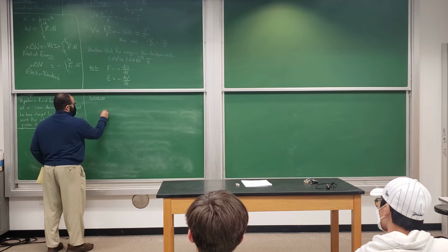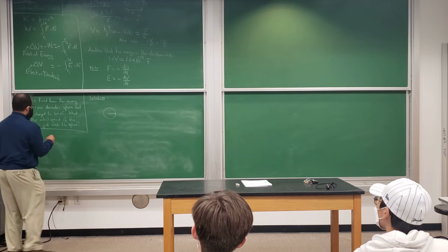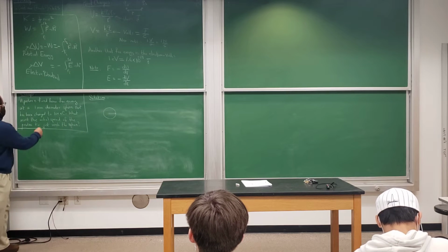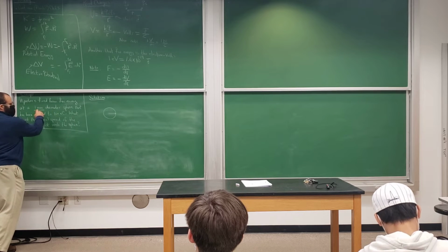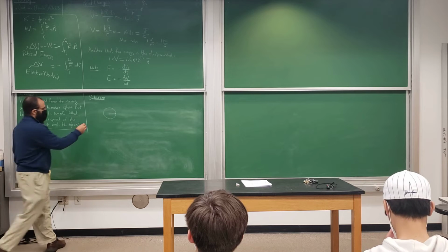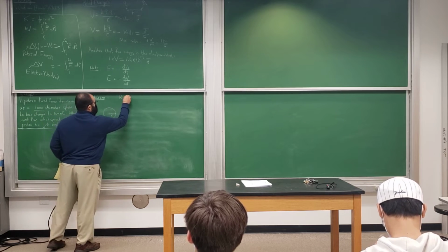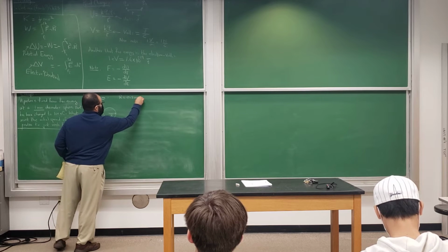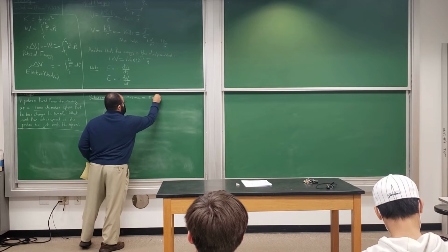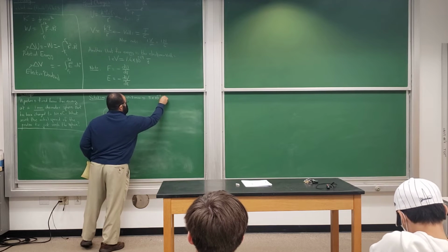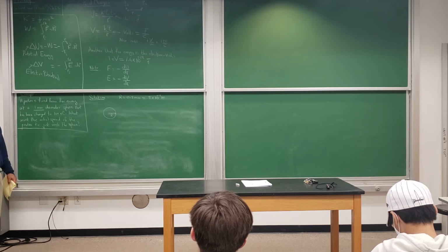Here's a sphere, and the diameter is 1 millimeter, so the radius is half a millimeter. R is 0.5 millimeters, so you multiply by 10 to the minus 3, and you get 5 times 10 to the minus 4 meters. That is the radius of the sphere.